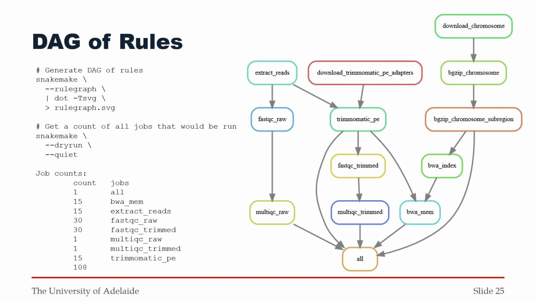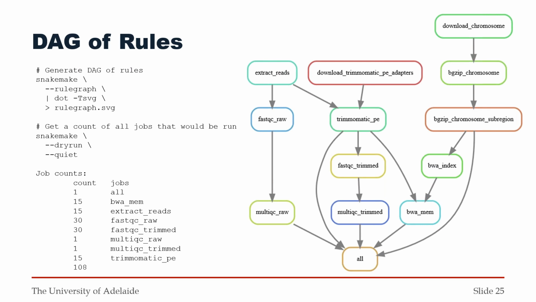You can get a summary of what would be done if you execute a command with dry run and quiet. It just gives you a summary of the jobs that would be executed in this situation. So here there's 108 jobs. Before, you may have had a script that does all of these steps one after the other sequentially.